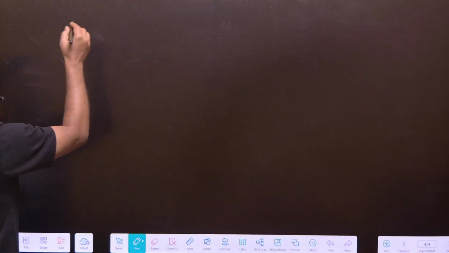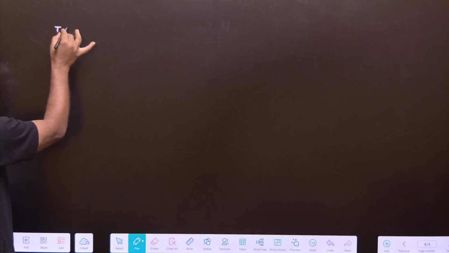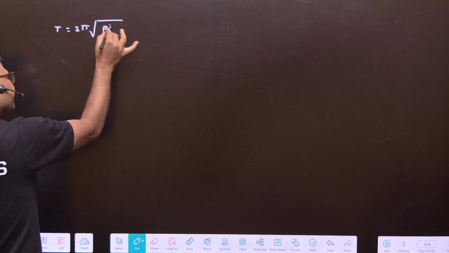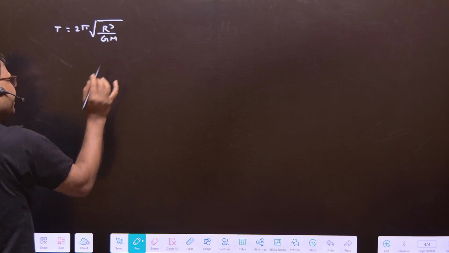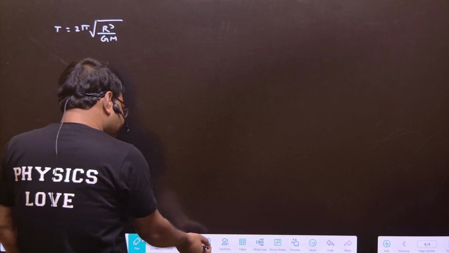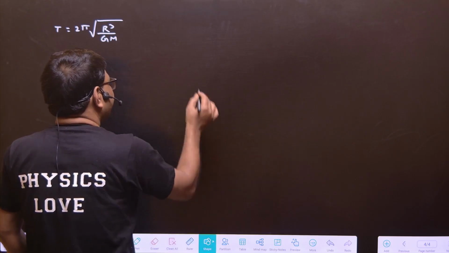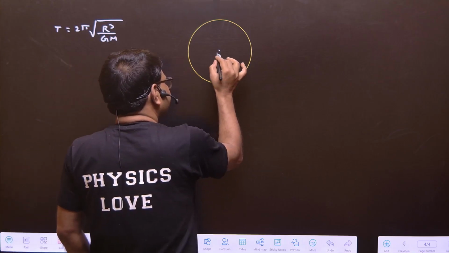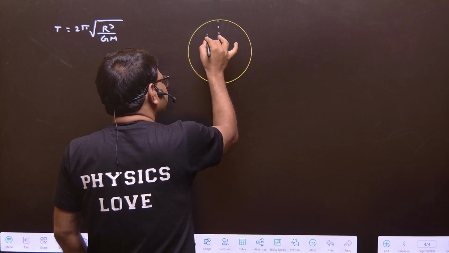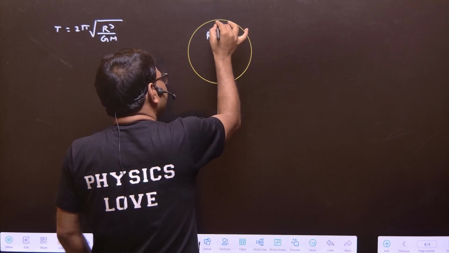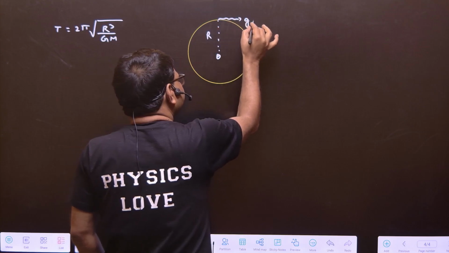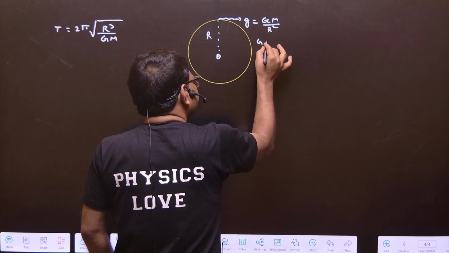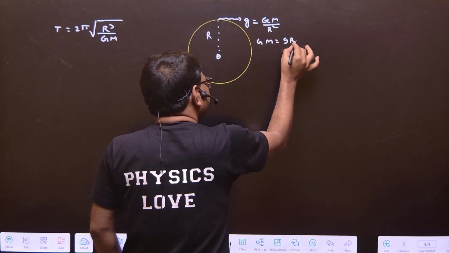Now see students, T is equal to 2 pi root over of r cube divided by gm, right? But in previous classes we have seen that on the surface of the earth the gravitational acceleration, taking this as the earth, with this the center and capital R the radius of the earth, is g equal to gm by R square, so the gm value is equal to g into R square.